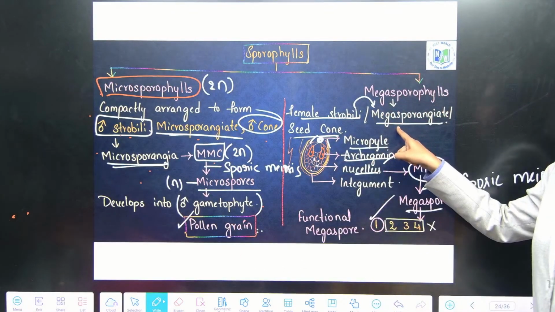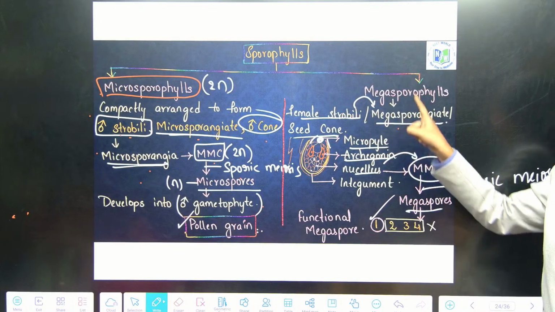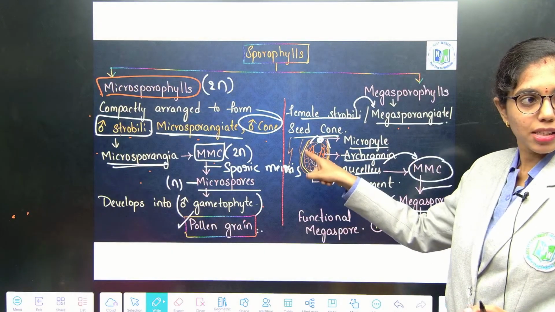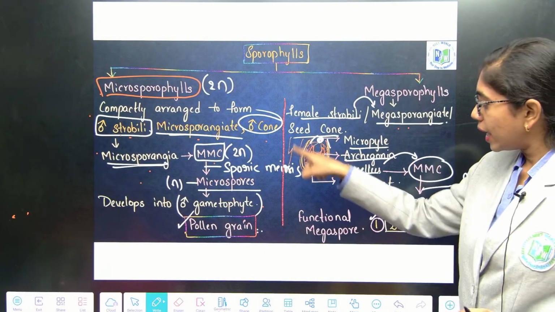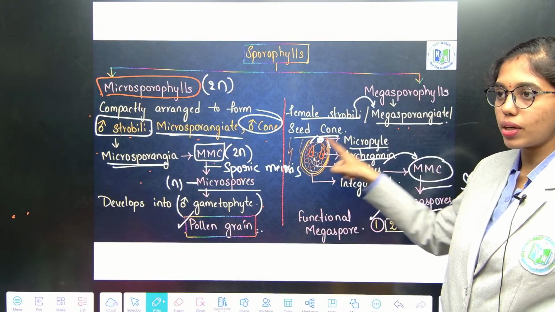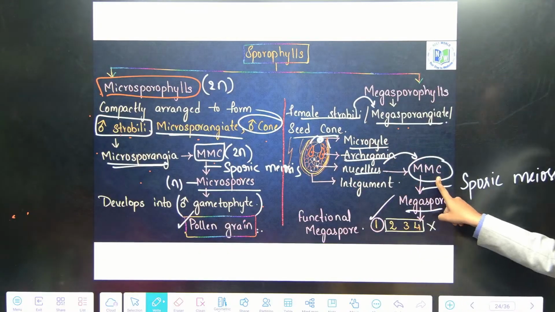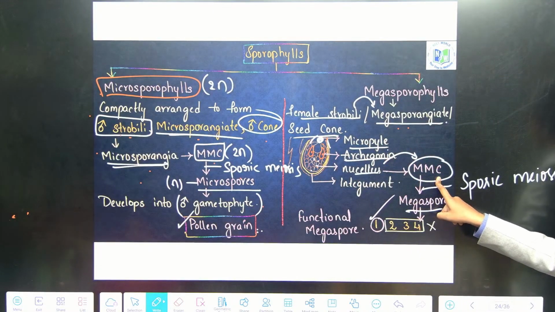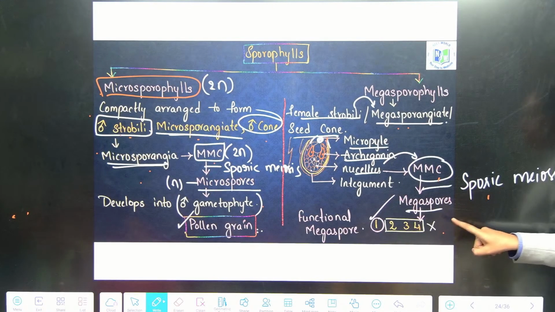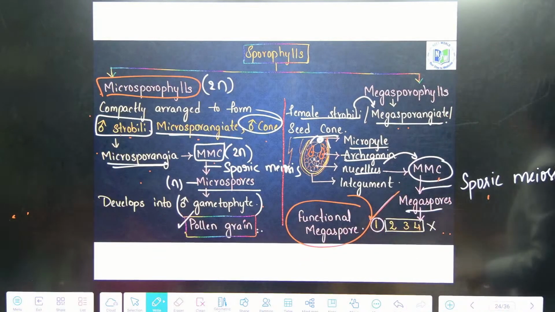And here, the female reproductive structures: female strobili, megasporangiate, seed cone, inside which you have all the nucellus cells, 2 to 3 archegonia, and integuments, and the pore-like structure above is known as the micropyle. One of the nucellus cells differentiates into the megaspore mother cell, undergoes sporic meiosis, and forms megaspores, of which one is the functional megaspore. Okay.